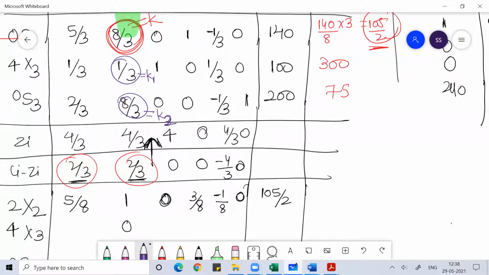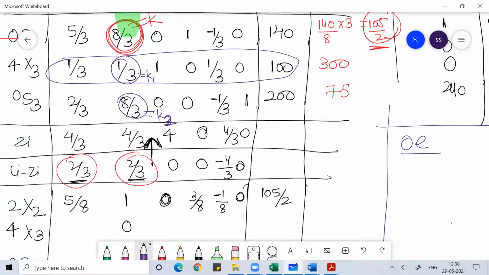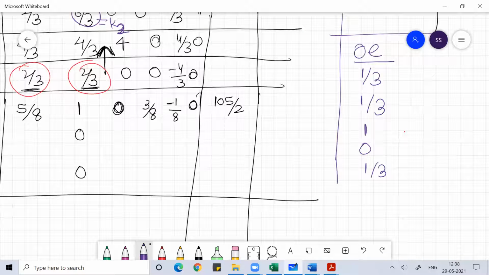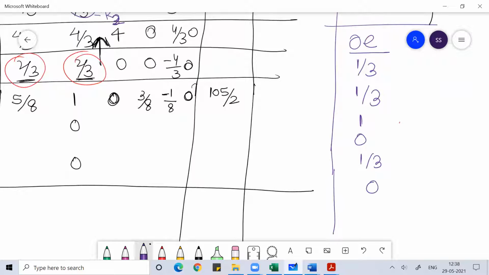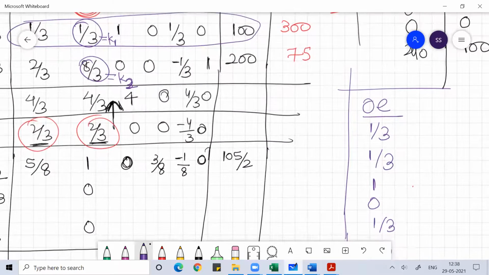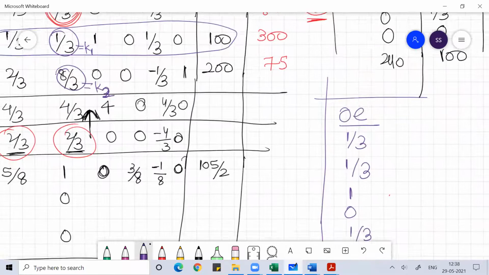So what are the old elements of x3? These are the old elements of x3: 1 by 3, 1 by 3, 1, 0, 1 by 3, 0, 100.